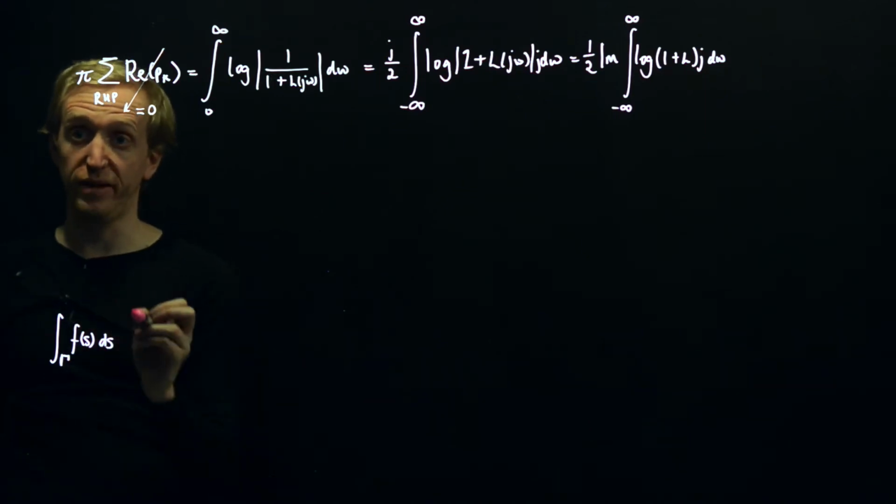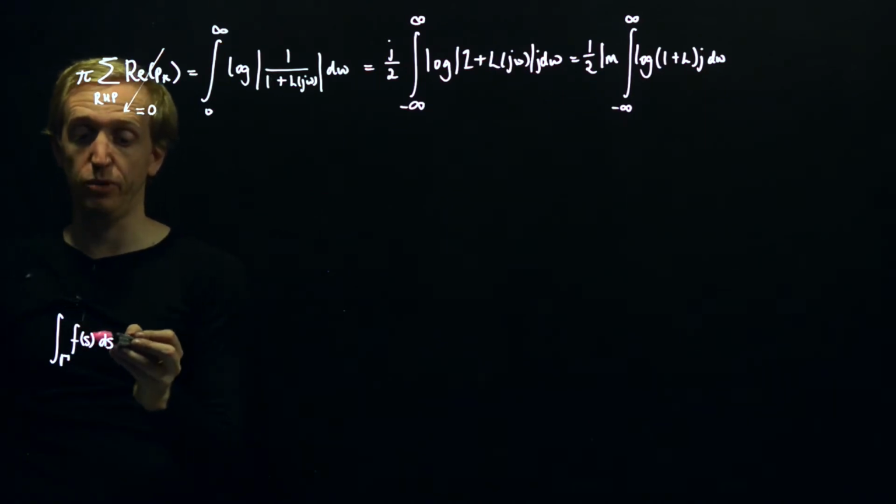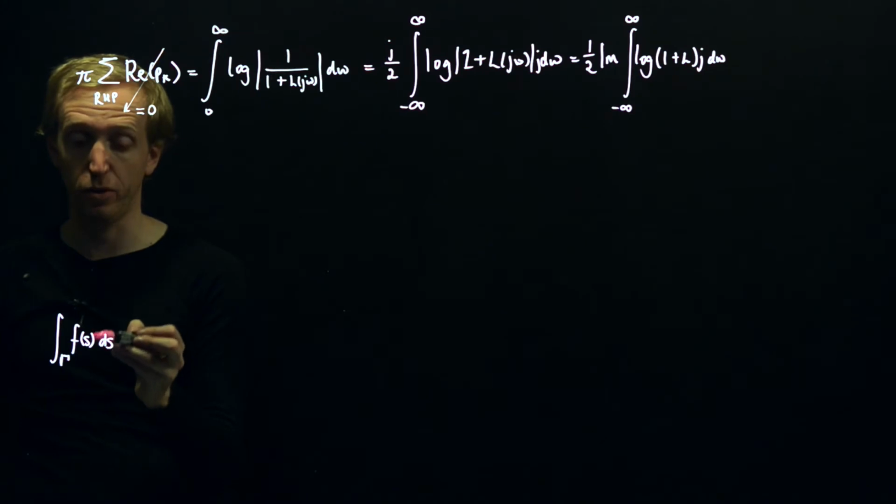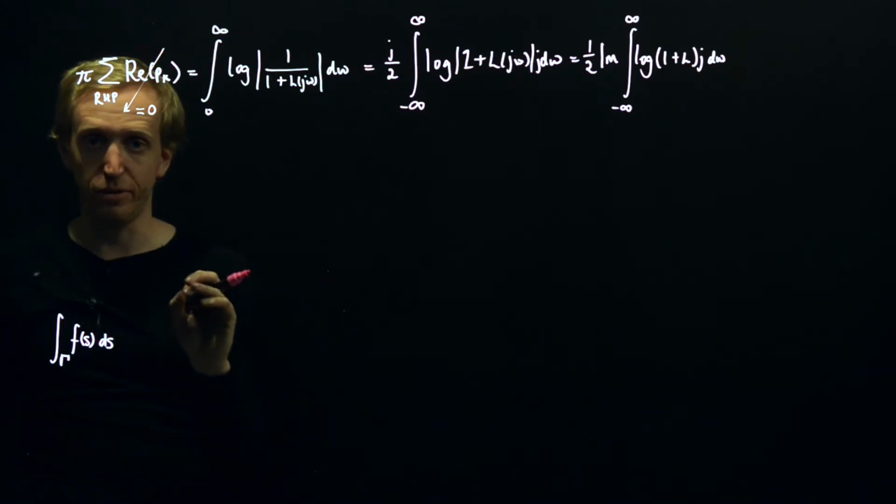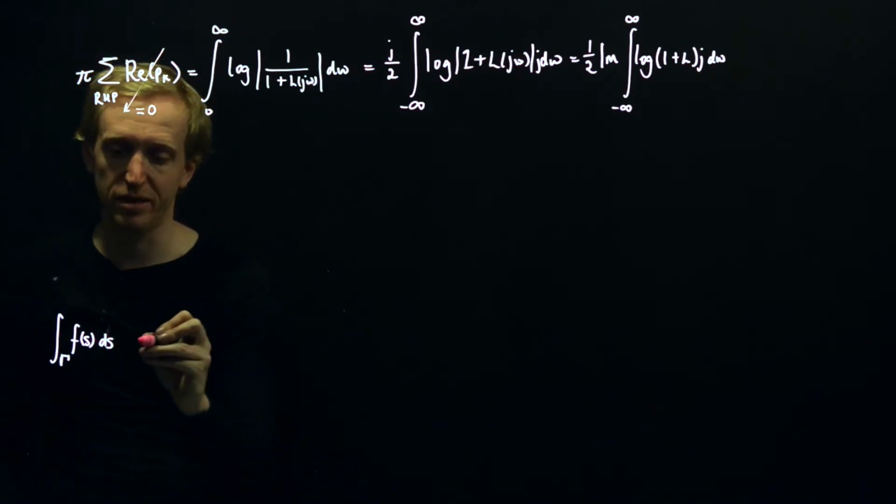Of course, if we want to actually evaluate this integral, what we need to do is come up with a parameterized description of our contour. And the way you typically do that is through this intermediate parameter t.